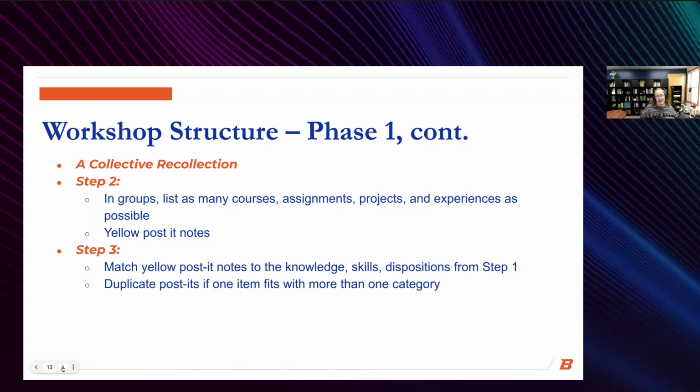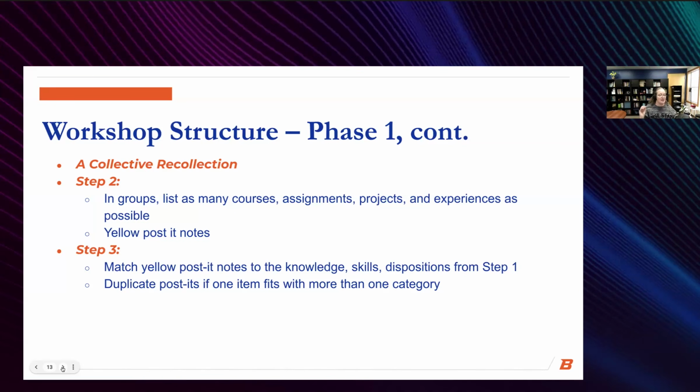And then the next step is for them to match the yellow Post-it notes that they just wrote out with all of this information to the skills, knowledge, and dispositions that they came up with in step one. So we're helping them to actually make the connection between the things that they've acquired, the skills, the knowledge, the dispositions, and the experiences that they've had in our courses.